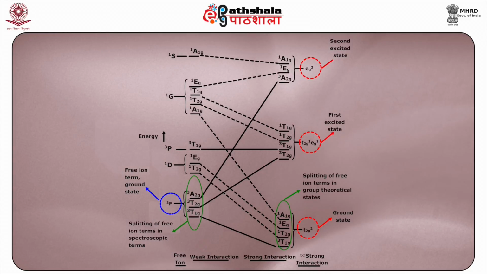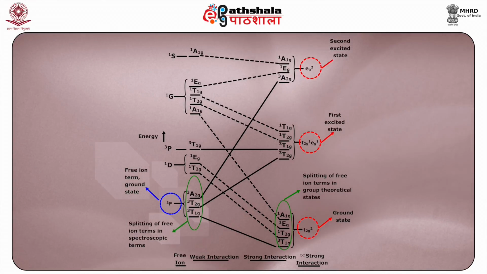On the extreme right, it can be seen that the ground state is t2g2, which is split up into triplet T1g, singlet T2g, singlet Eg, singlet A1g. The first excited state is t2g1 eg1, which is further split up into group theoretical states as triplet T2g, triplet T1g, singlet T2g, singlet T1g.